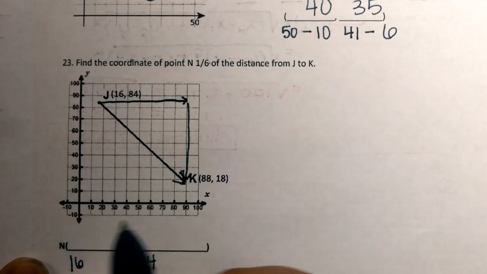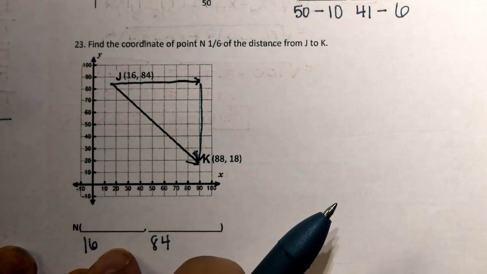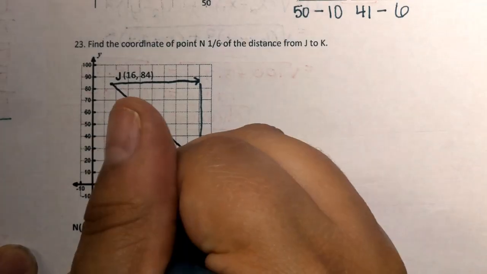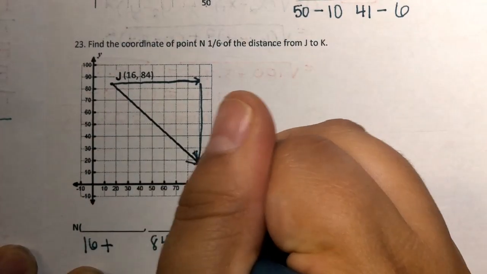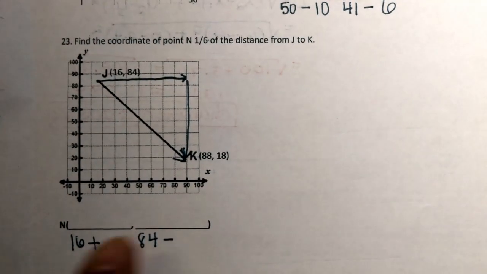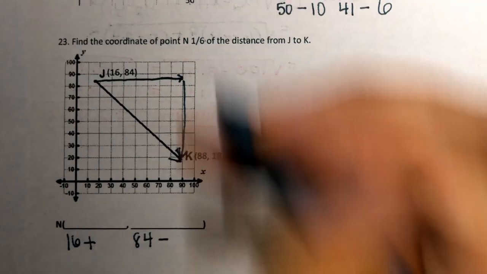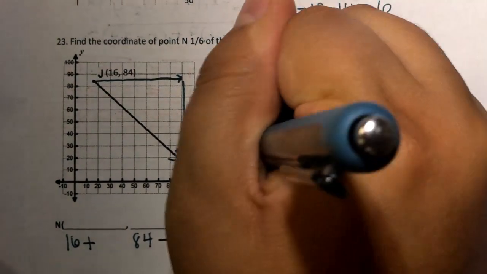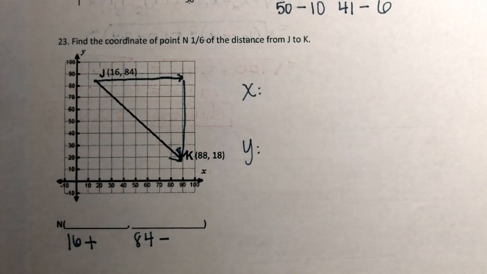To the right is my x, so that's going to be what? It's going to be plus and minus because down is your y's. What's happening with my x? How do I figure out what's happening with the x's here?